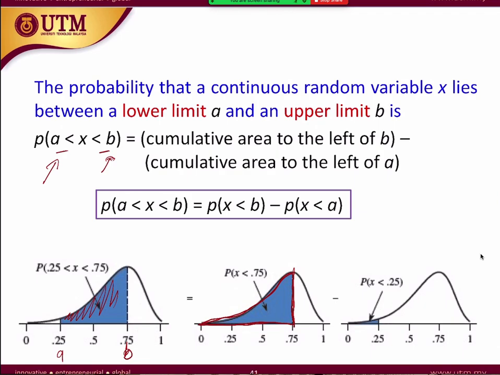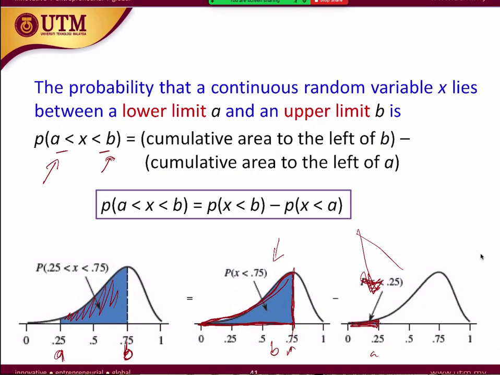So in order to know the probability of x, where x is between A and B, first you need to know the probability of B, the whole probability up to B. Then we need to know the probability of A, the lower part of A. You need to get this value. So the probability of x between A and B is the probability of B minus the probability of A.